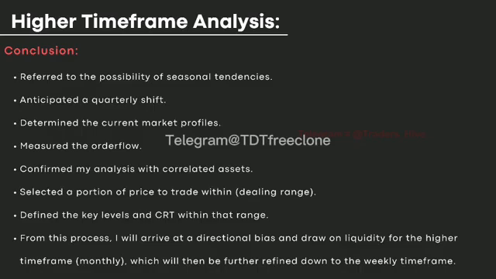From there, you would select a portion of price to trade within. That's what we call the dealing range. This range will give you a clear focus area for identifying clear trading opportunities. And within that range, you would identify the key levels and the CRT that you would use to position yourself.